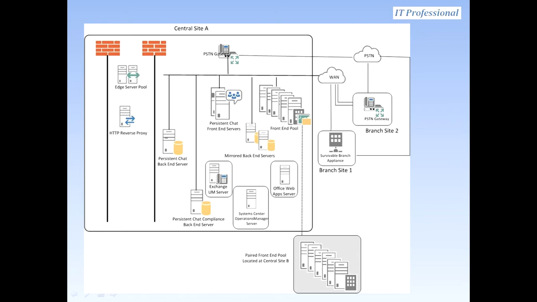The PSTN gateway deployed there supports media bypass, so no mediation server is needed at branch site 2.